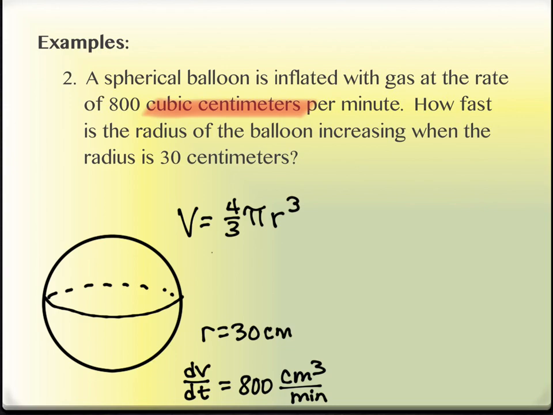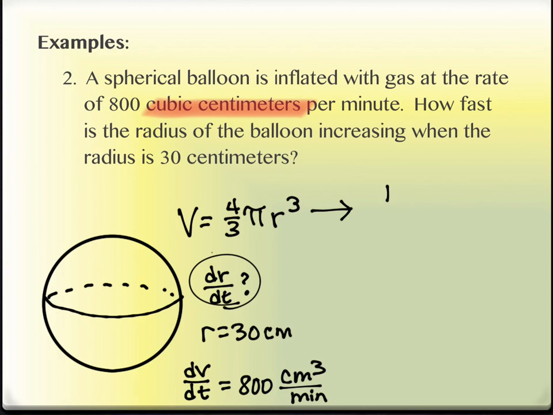And it asks us for how fast the radius is changing, which means it wants to know how the radius is changing with respect to time. This is the thing I don't know, and it's the thing I'm asked to find. So we're going to take V equals 4/3 pi r cubed and take the derivative.